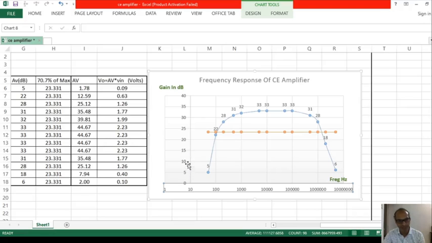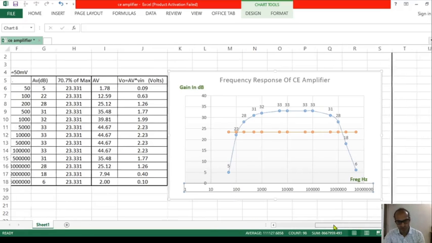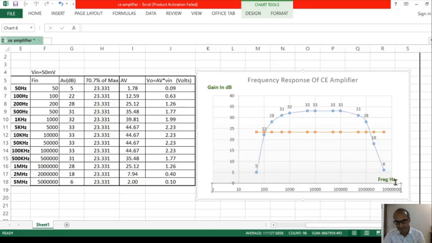On the other axis is frequency in Hertz, 50 Hertz to 5 megahertz. We have plotted the points on the graph for corresponding frequencies, and then we can see the frequency response of a common emitter configuration amplifier in this fashion.